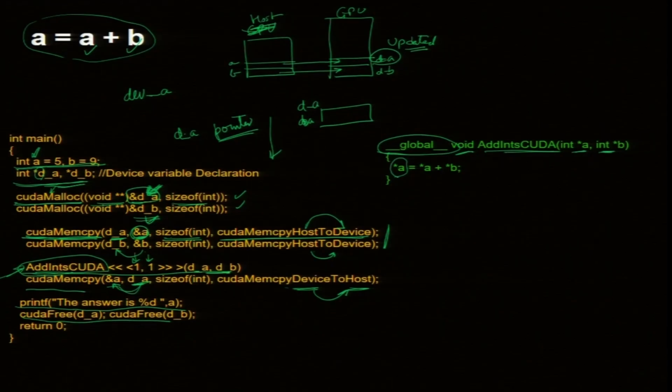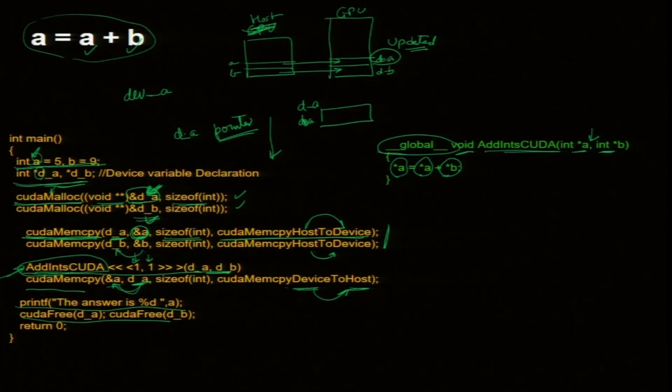This A is the address, and it should not be mixed up with the A in main. What is there at the address A is updated by the content. You add star B with star A and update star A. You should not say A equal to A plus B, that is only updating the address.